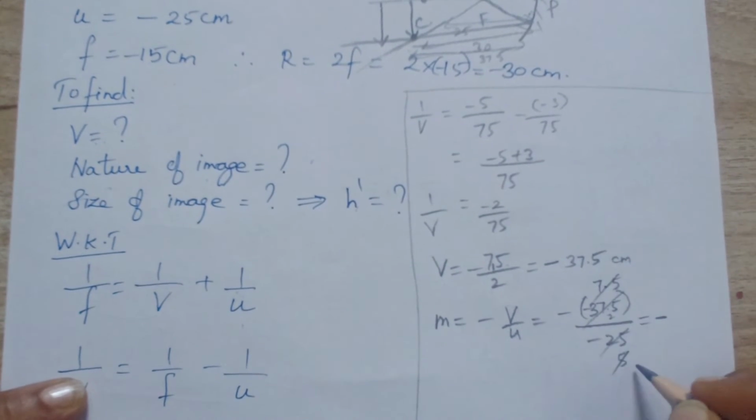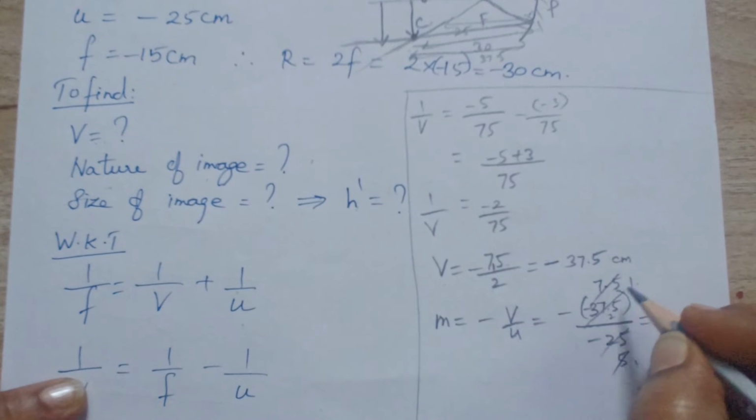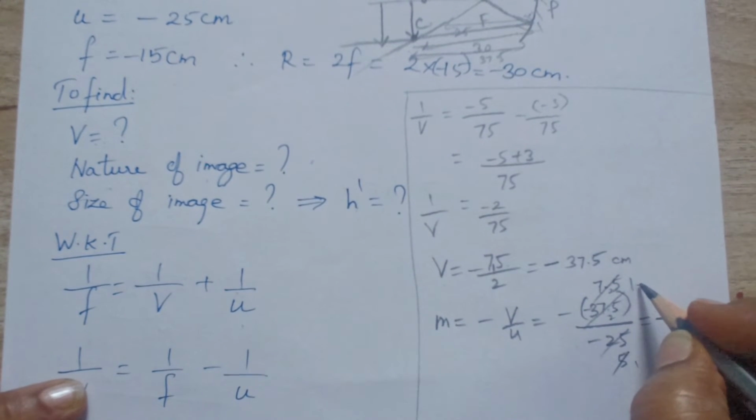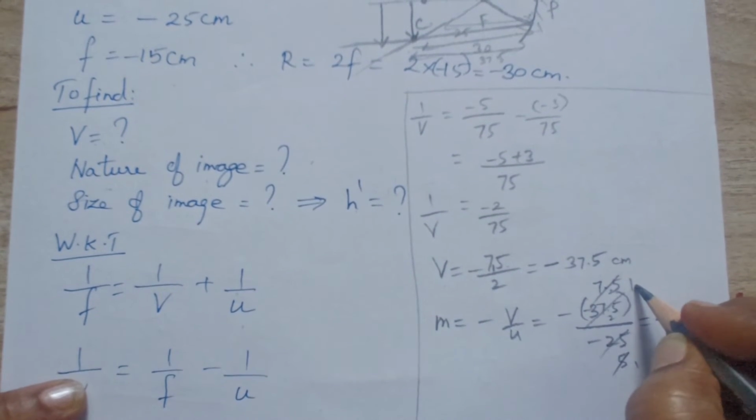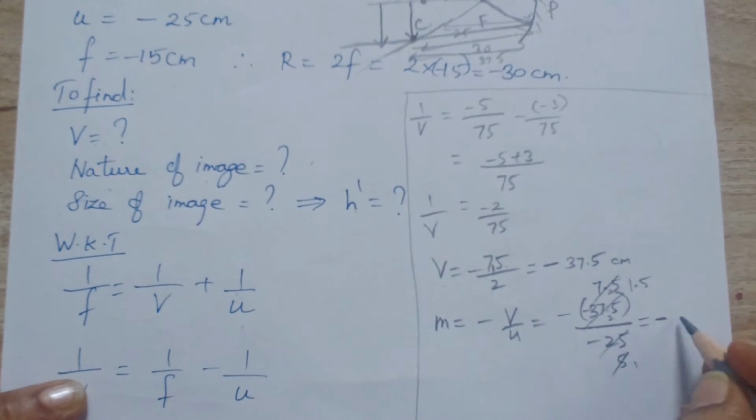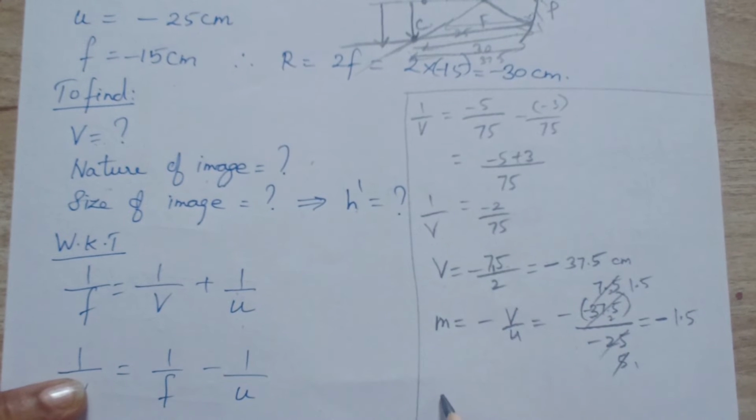Again we can simplify, it becomes 1.5. Okay, so you will get minus 1.5. This is your magnification.